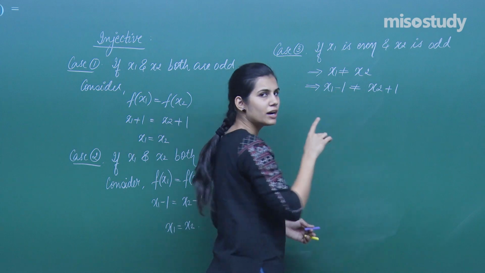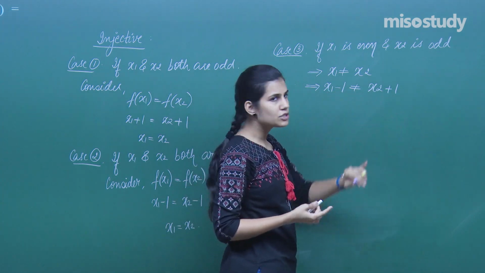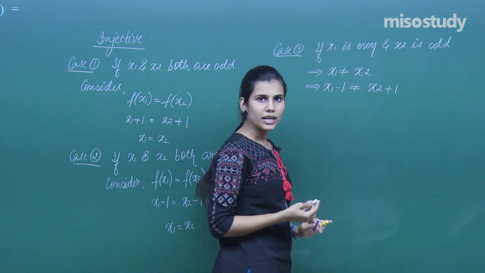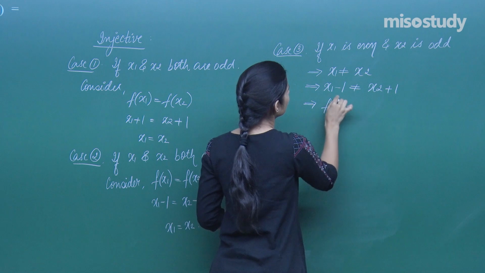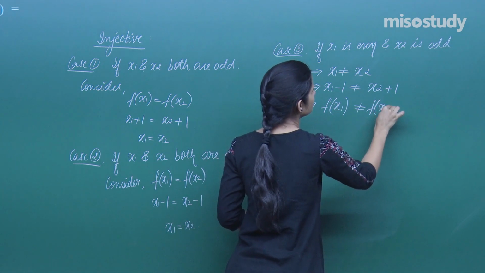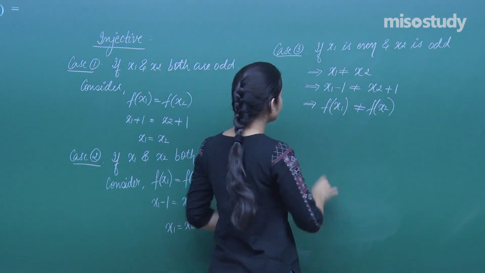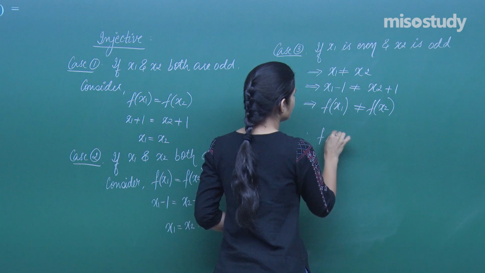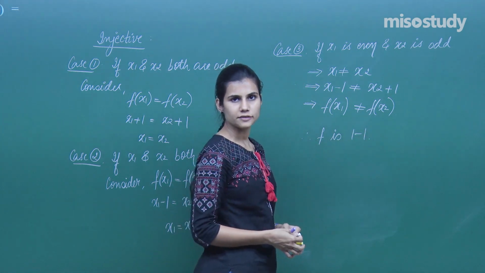If x1 and x2 are two unequal natural numbers and from this you are removing 1, from this you are adding 1, can you get the same numbers? Of course you cannot. This implies f of x1 is not equal to f of x2. Fine. So therefore you can see in all the three cases f is coming out to be 1, 1 and hence f is injective.